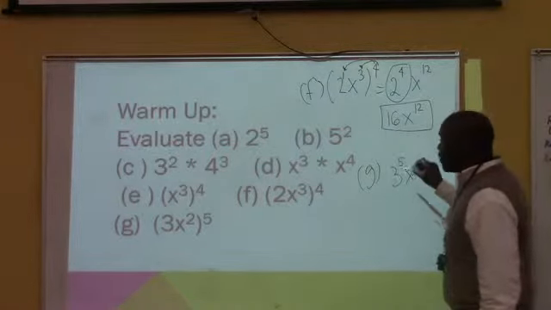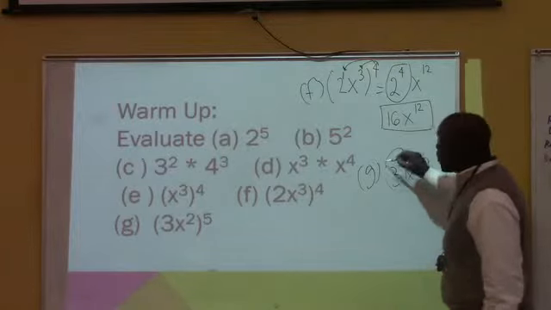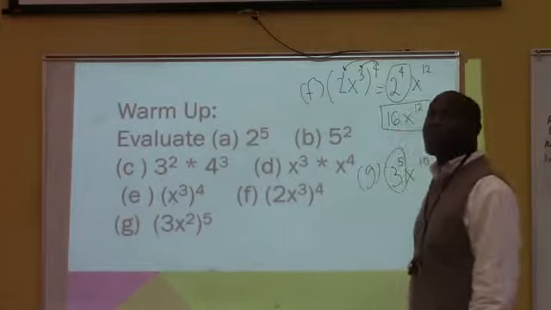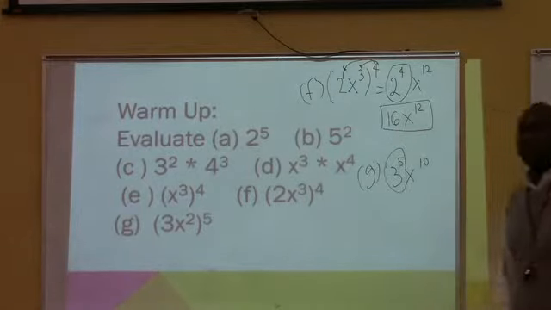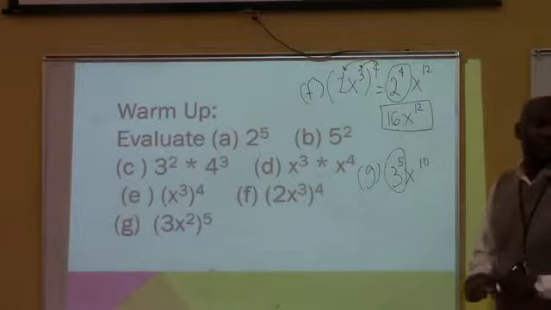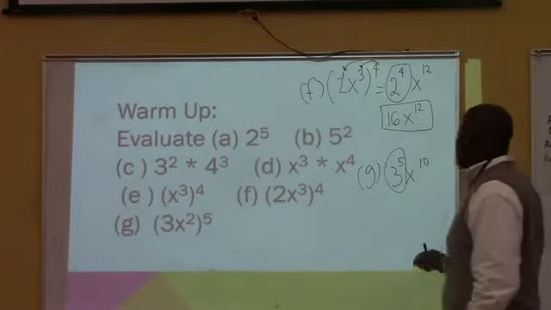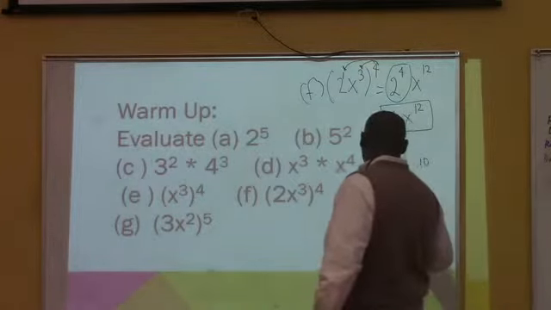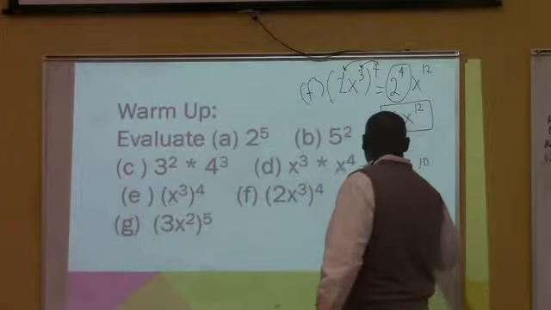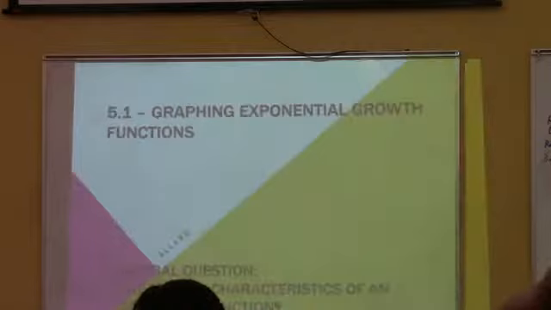So what is 3 to the 5th power? Evaluate it. Use the calculator. The power is multiplying, so you'll be multiplying 3 times 3 times 3 times 3 times 3. That's 243. So it's going to be 243 x to the 10th power.